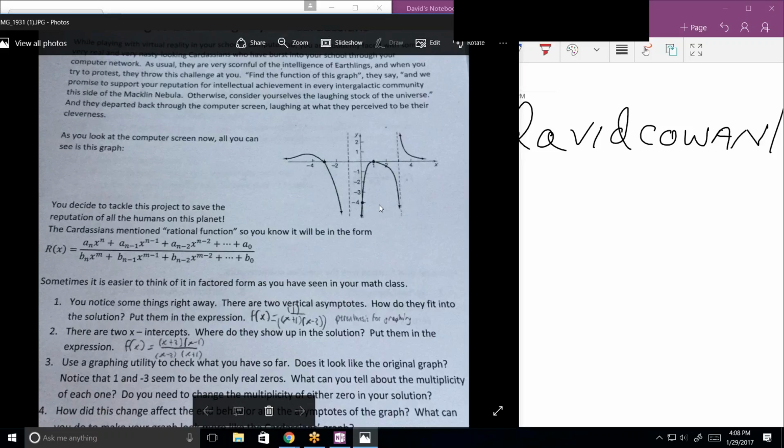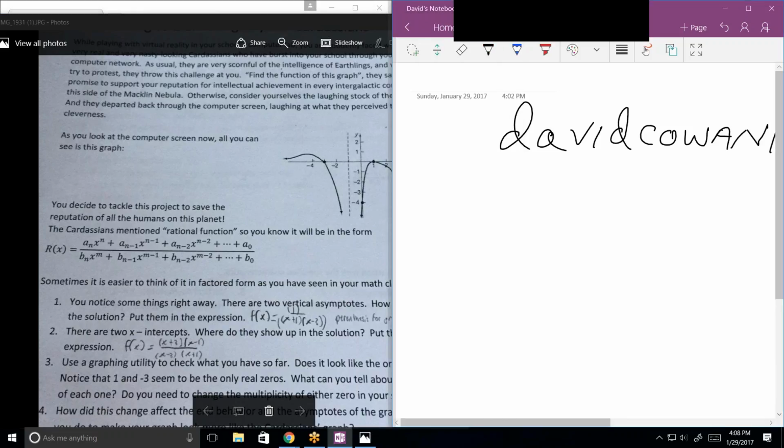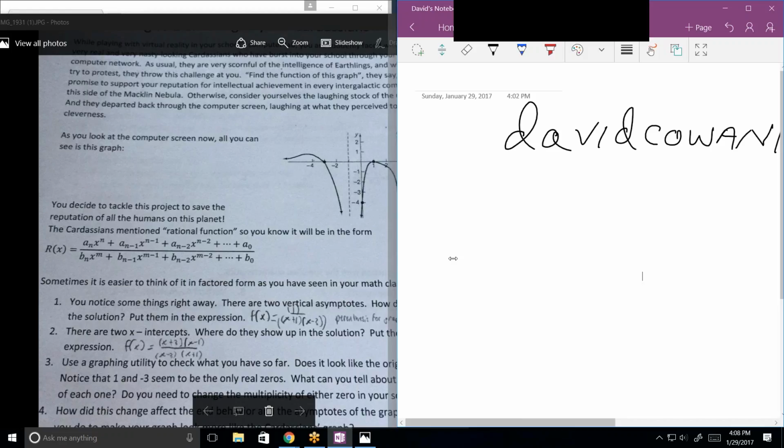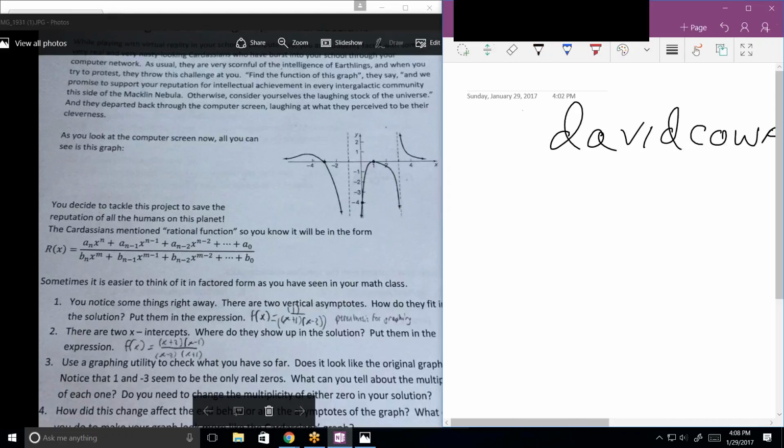Put them in the expression. Okay, and obviously, if I were to make those asymptotes look like this, in other words, if I were to say 1 over x plus, excuse me, hold on a second. Now let me back up a little bit.